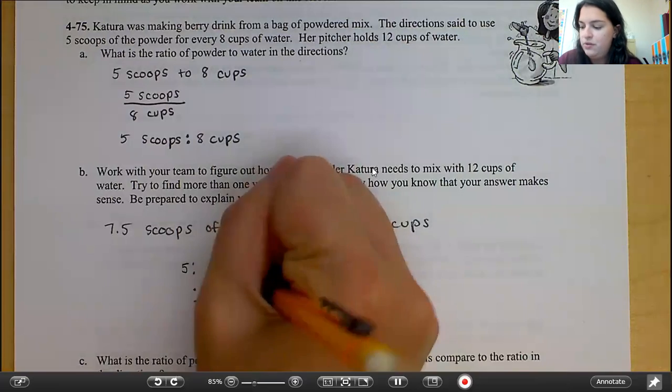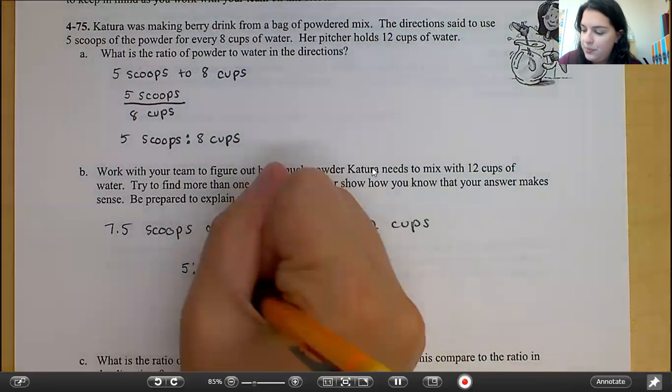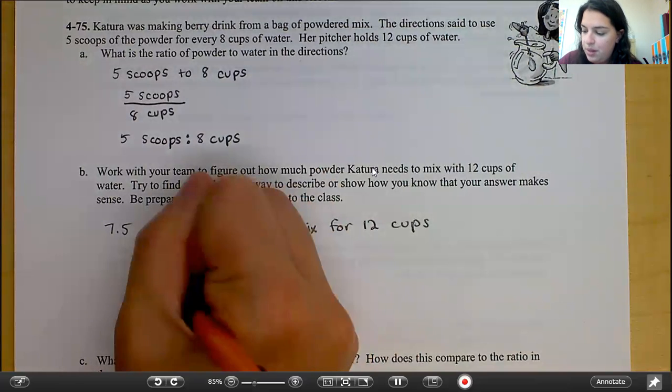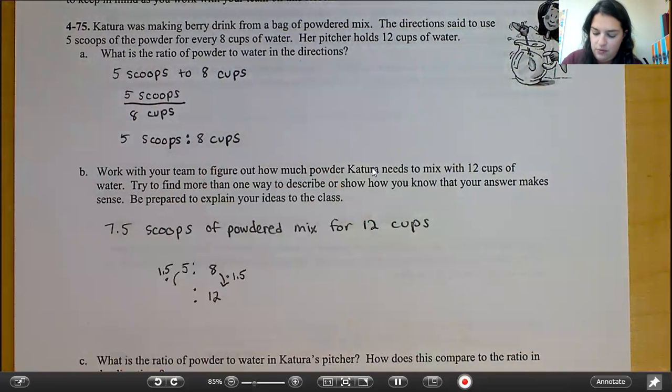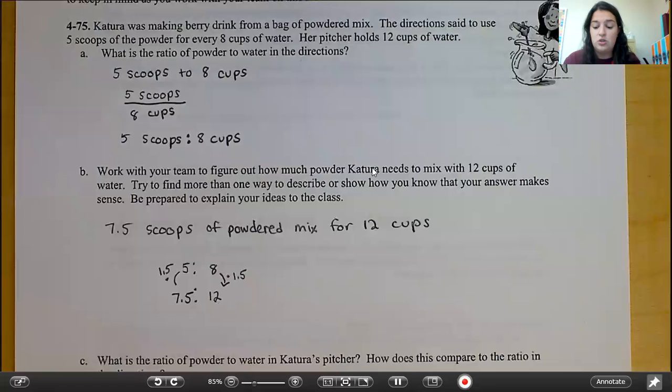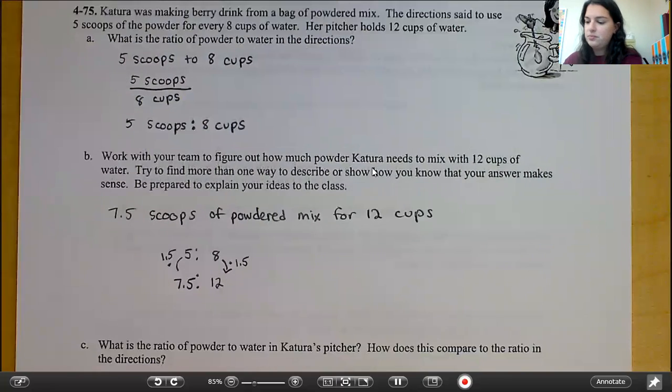And the other way that you could figure that out would be 12 divided by 8. So 1.5. So then you would need to multiply 5 by 1.5. And 5 times 1.5 would give you 7.5. Okay, that's just one way to do it. You might have had a different way to do it, and that's perfectly fine, but I'm just showing you that that is one way to do it.